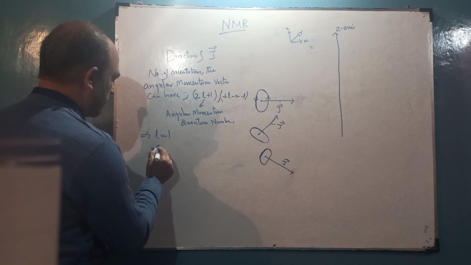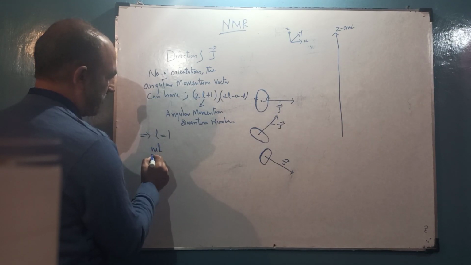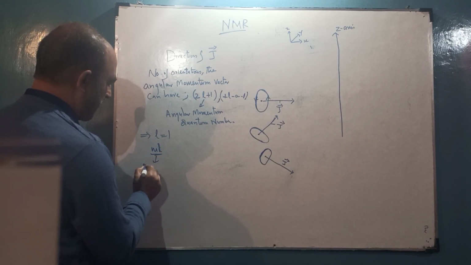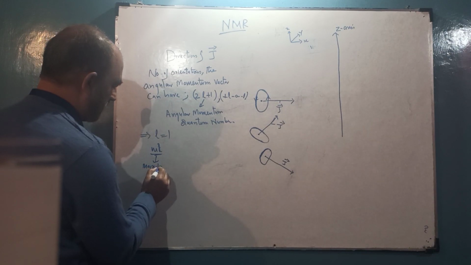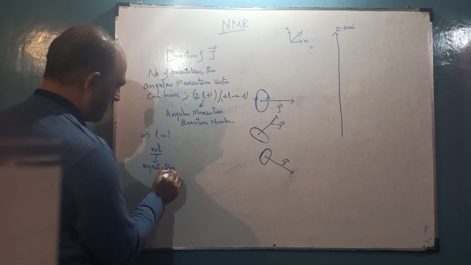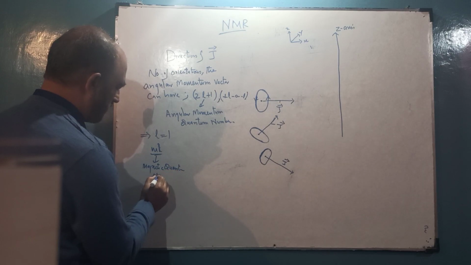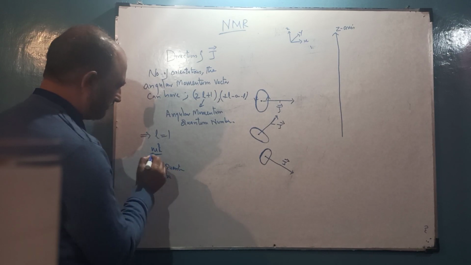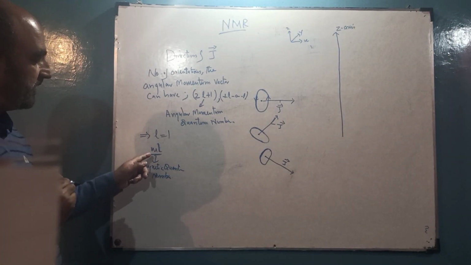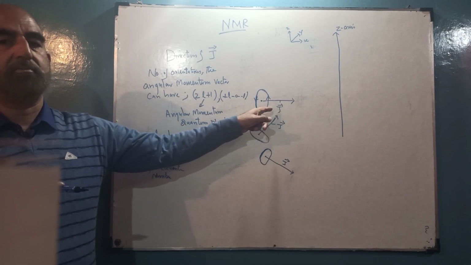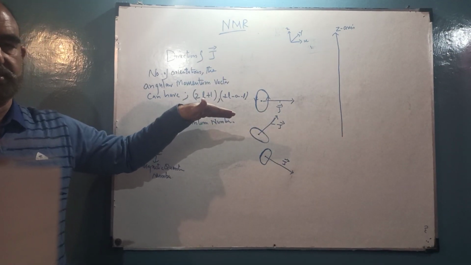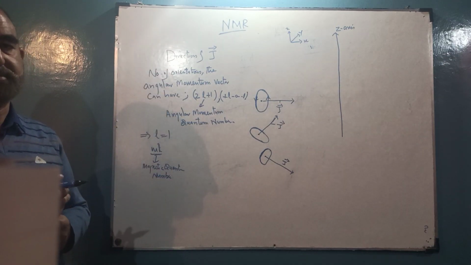So we represent it here as ML values. This ML value is called the magnetic quantum number, and it gives the orientation of the angular momentum vector in space or with reference to some axis.